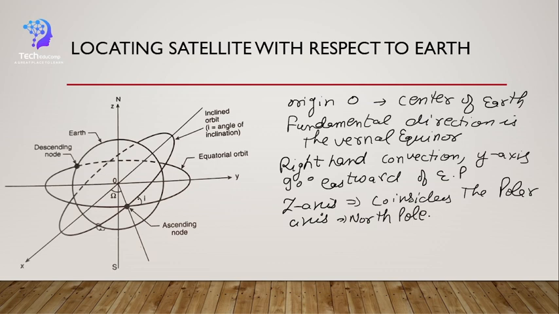As you can see here, this x axis is here, y axis is here, and z axis is here, and origin is O. I hope this much is clear to you.